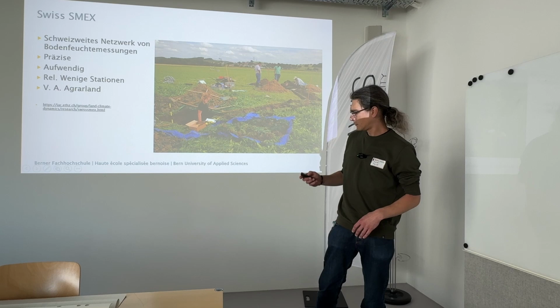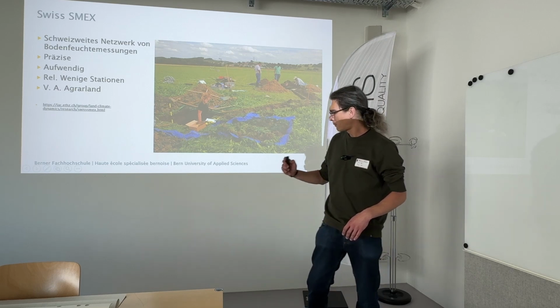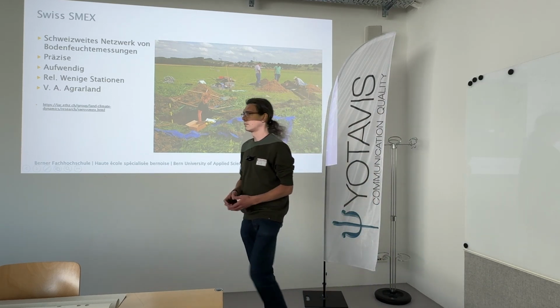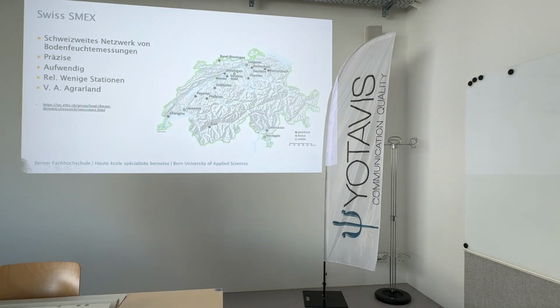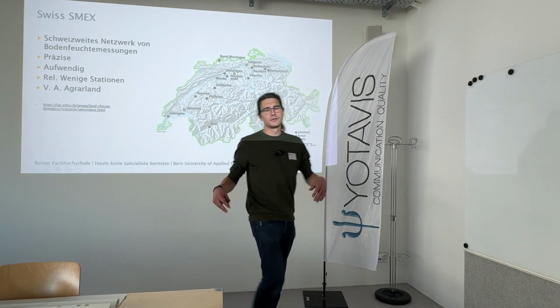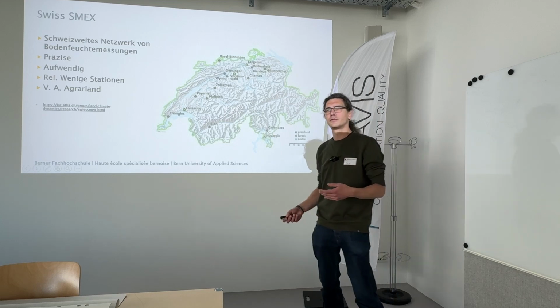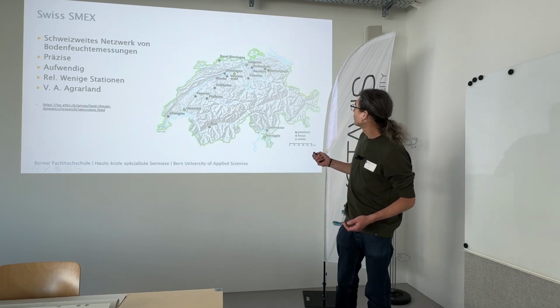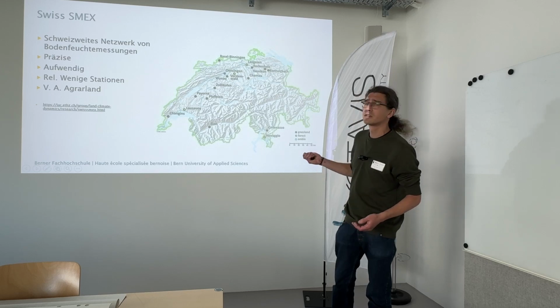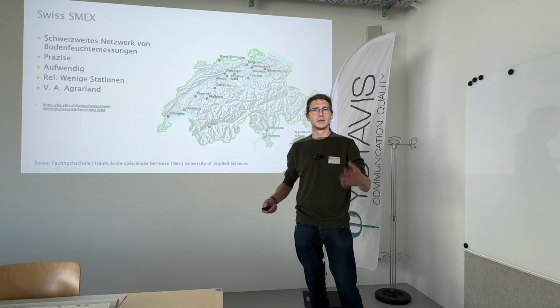And for that reason, we only have a handful of test sites from Swiss SMEX. And what you can also see is that only the green ones are actually in forested areas. Everything else is agriculture. And this is a typical situation.